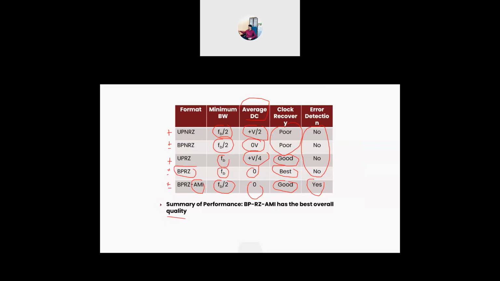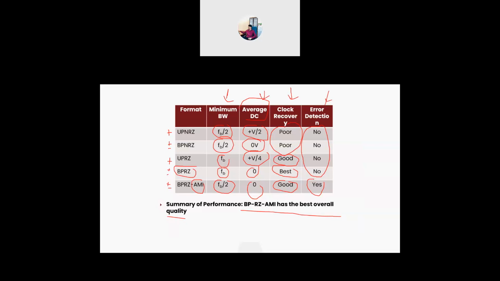If the question asks you, compared to all of these, which one is better, the answer will be BPRZ AMI, based on the minimum bandwidth, average DC, clock recovery and error detection.